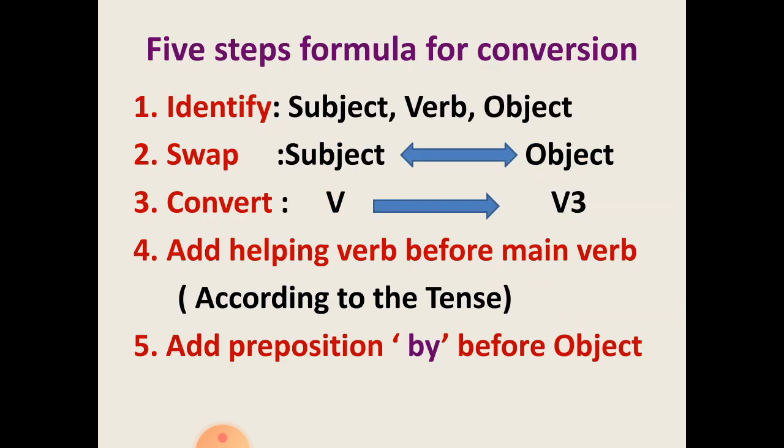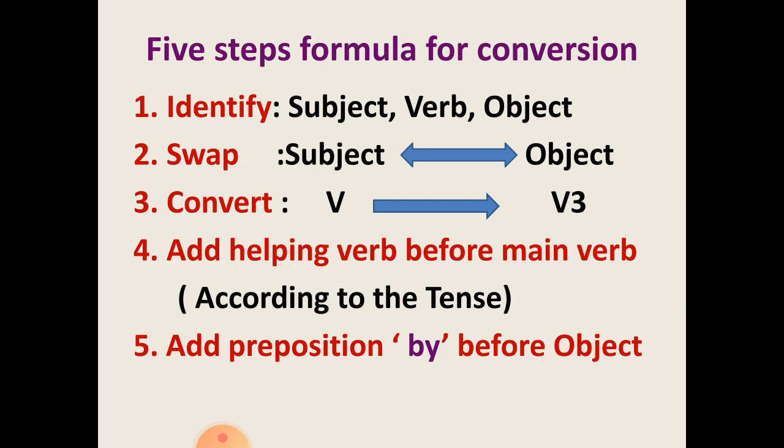Now, the 5 steps formula for conversion. Whenever you need to change any sentence from active voice to passive voice, you need to keep these 5 steps in your mind. First step is to identify subject, verb, object. Second is swap: subject will become object and object will become subject. Third is convert: the verb of active voice will be changed into the third form of verb.